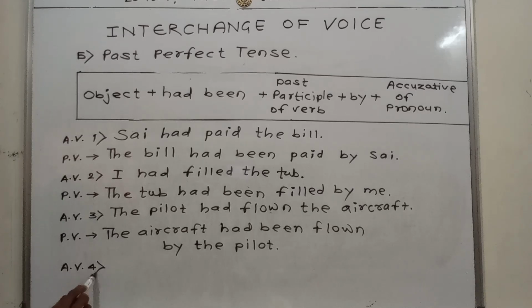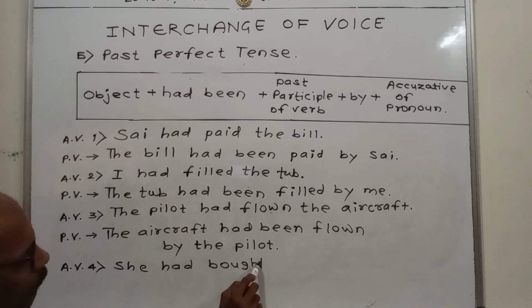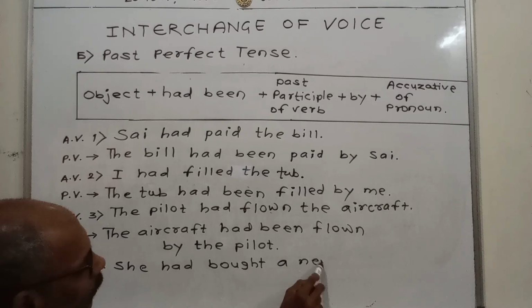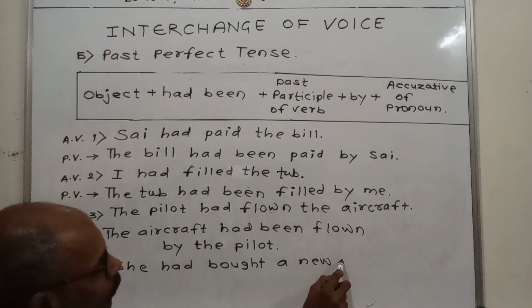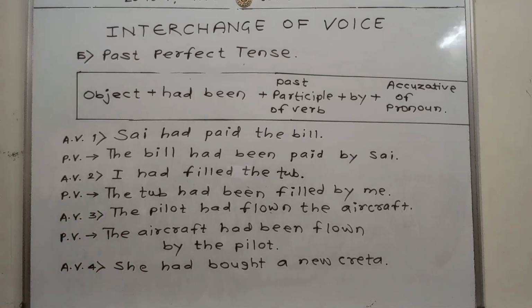Active voice, number 4. Space is less. So I will write: She had bought a new Creta.